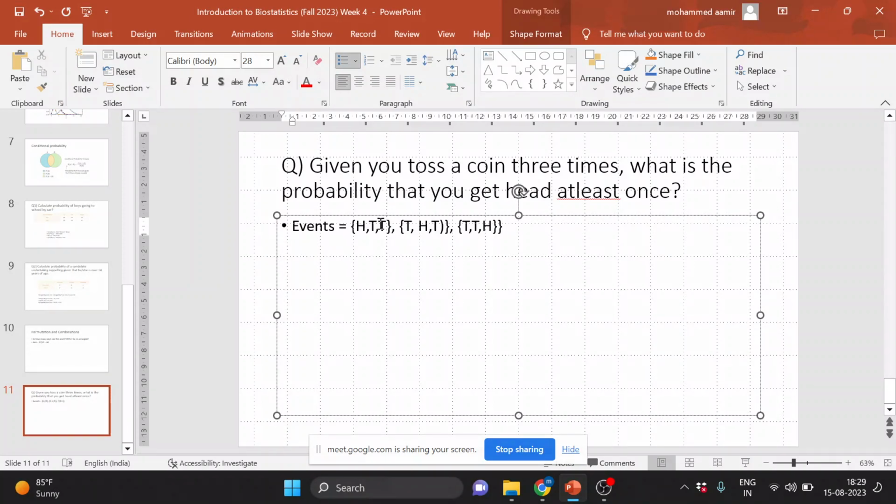You can get it in these three possible ways, right? You can get head in the first instance, or a head in the second instance, or a head in the third instance. Now you need to calculate the probability of this happening.